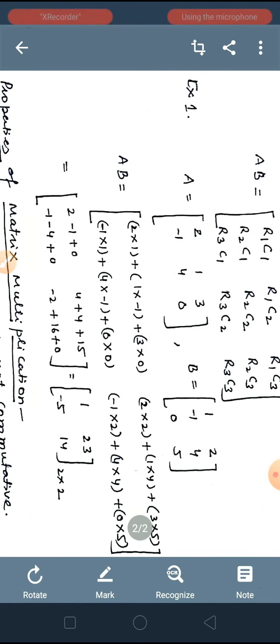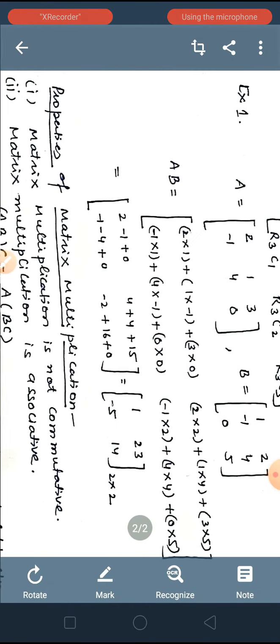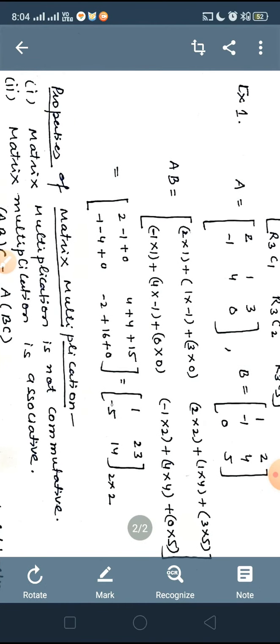Similarly, R1 and C2 of the second matrix will form the element a12: 2 into 2, 1 into 4 and 3 into 5. Similarly we do for elements a21 and a22. In this way we get our matrix 1 minus 5 23 14 of order 2 cross 2.